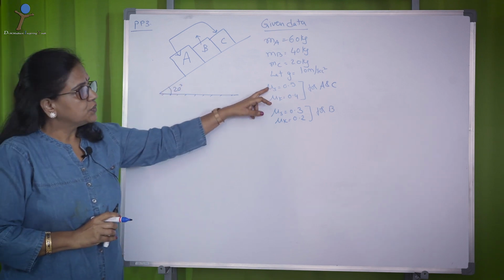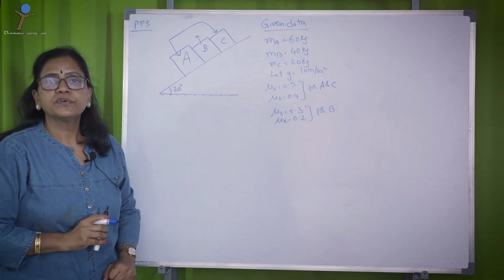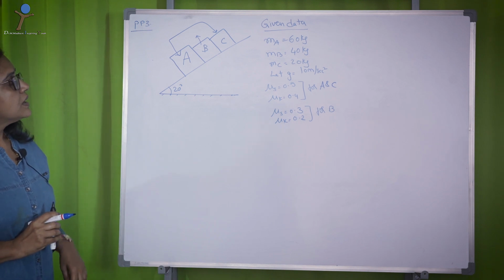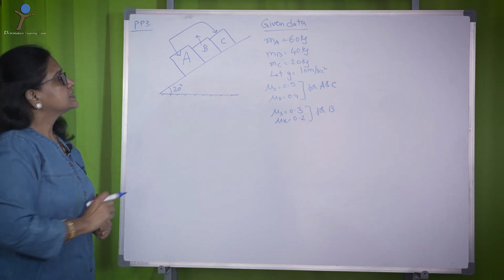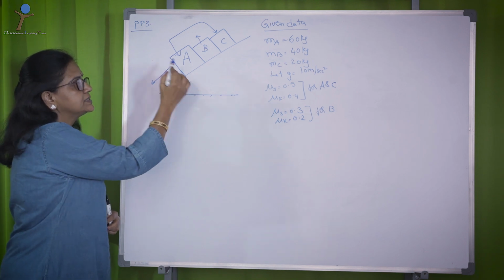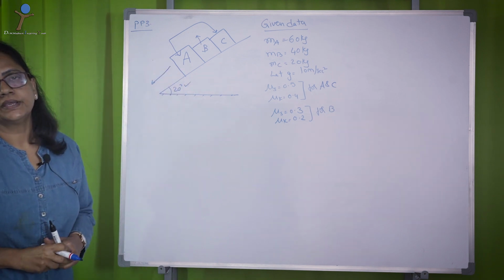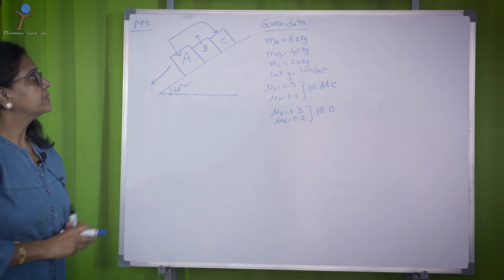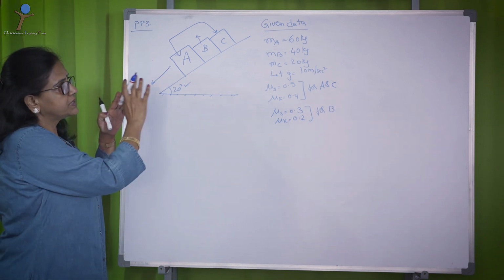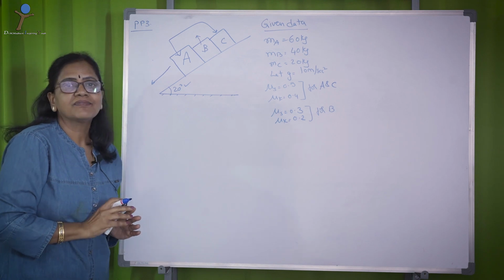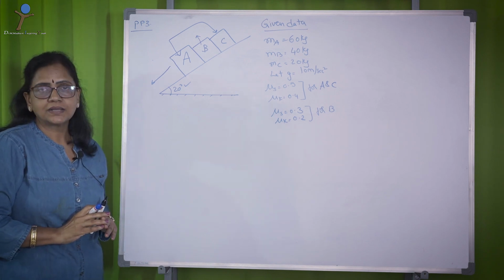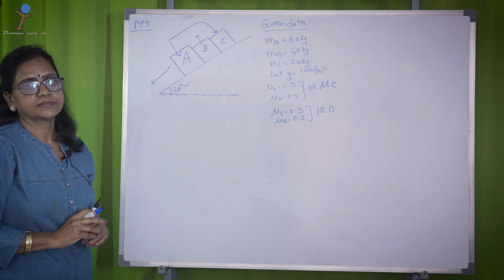That is the reason you have different coefficients of friction. Now, the question is, do the 3 blocks slide down at this particular angle of inclination? There is no external force acting on it, only the gravity or self weight of the bodies. We should check if the bodies will slide down the inclined surface.